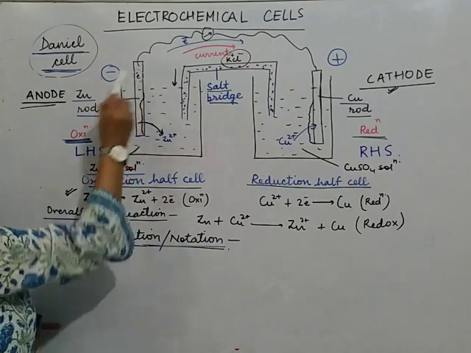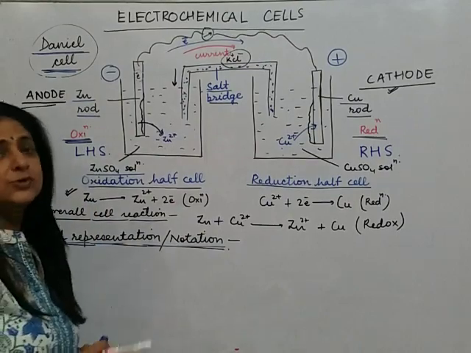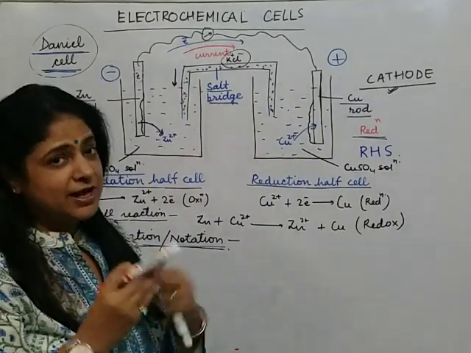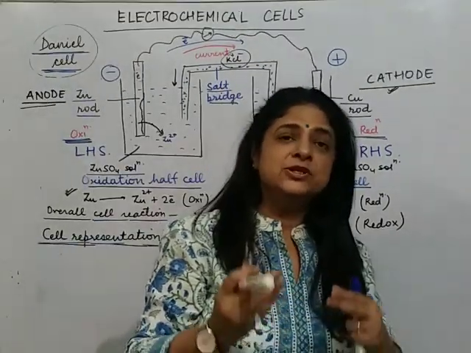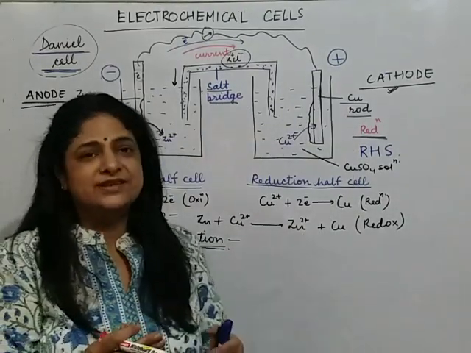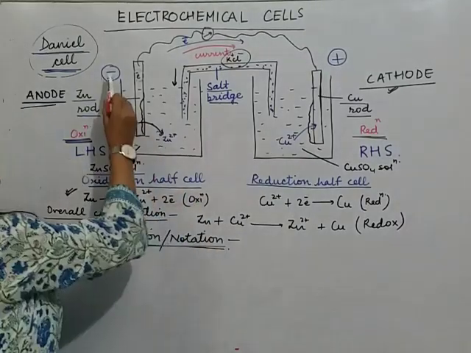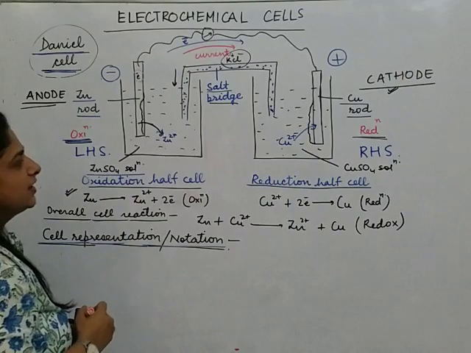This leaves electrons on the rod, which makes the anode negatively charged. This is a difference between electrochemical cells and electrolytic cells, where the cathode is negatively charged. So the anode in this case is negatively charged.